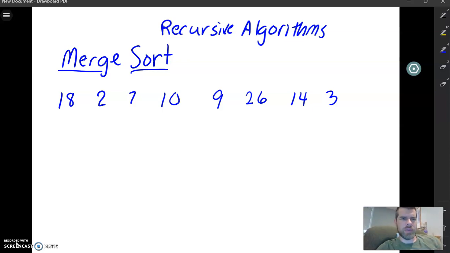So the idea with merge sort and any other sorting algorithms that go beyond bubble sort and insertion sort and, let's see, selection sort is the other one that we have studied. The runtime of those, as we may have discussed, is pretty slow because they have to make so many comparisons.